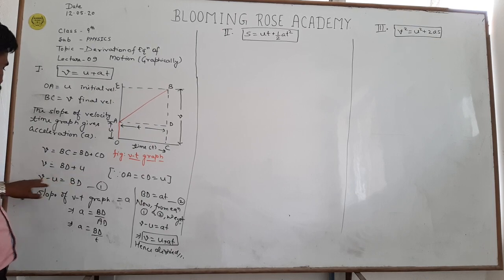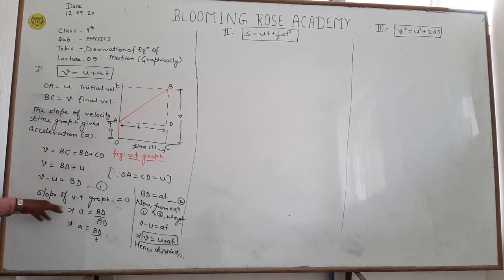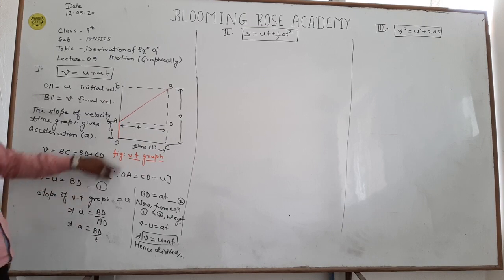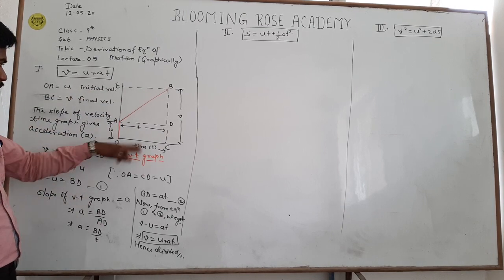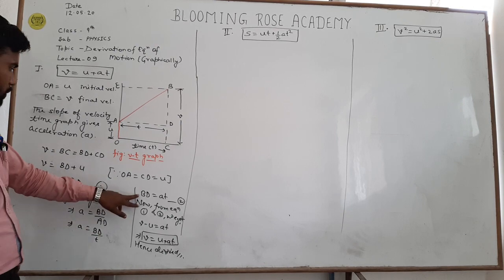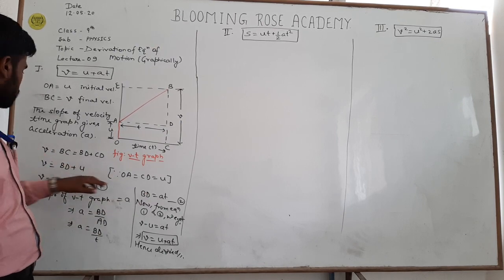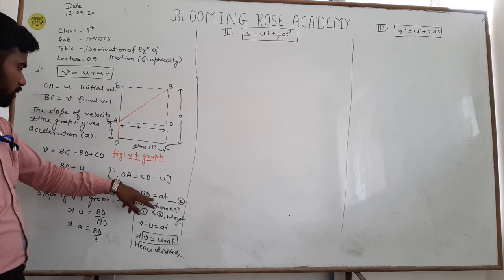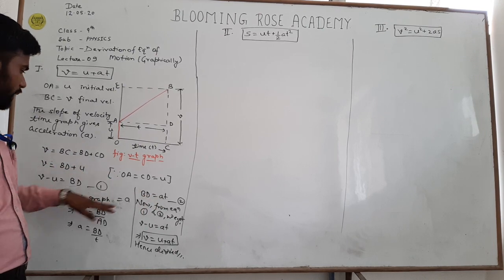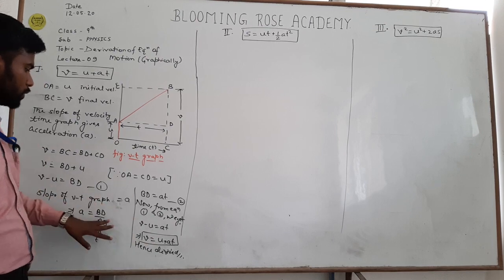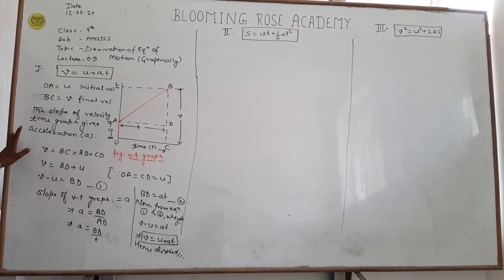So now BD is equal to v minus u. Now the slope of the VT graph, acceleration, is BD upon AD. Here AD is equal to t. After putting in the value, BD is equal to at. Now from the first and second equations, both values are equivalent to BD. So we have v equal to u plus at, the derivation of the first equation of motion.